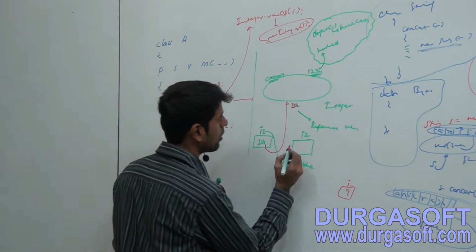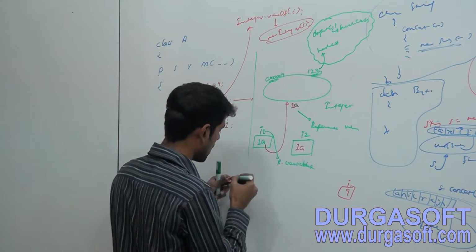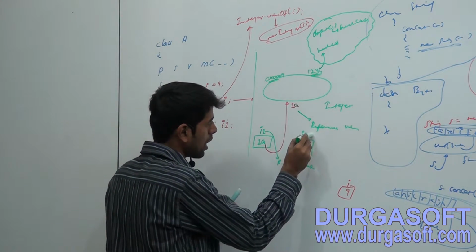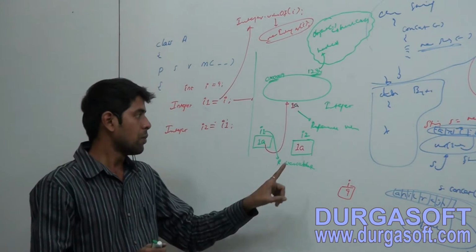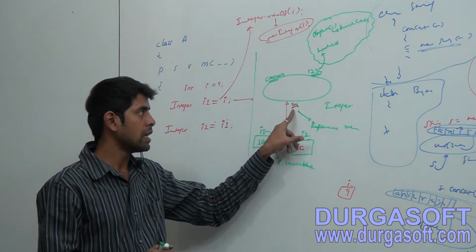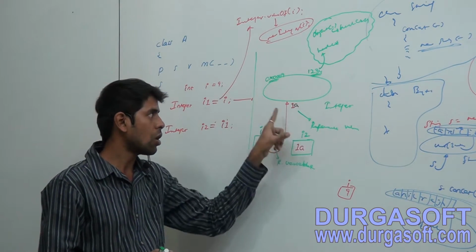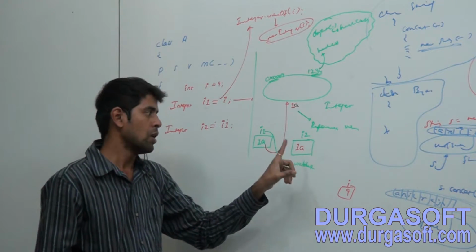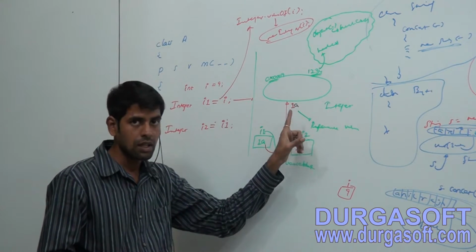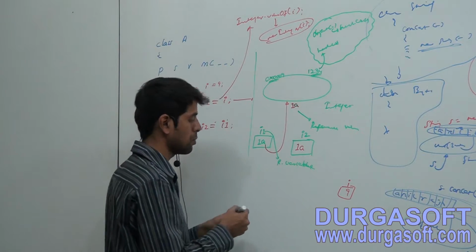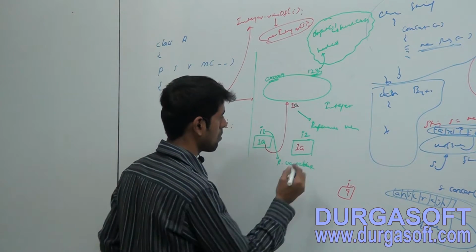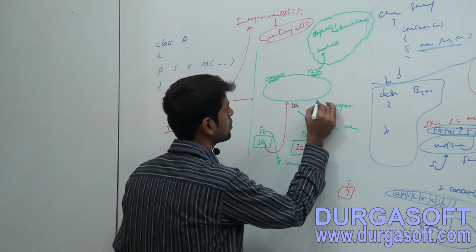So now here I'll have the data as 1a. Now what is the I2 variable value? 1a. Is 1a the identity or reference value to this object or not? Yes. From this person can I reach this area? Yes, we can reach without any restriction. So let me put one arrow mark, just for our future reference.